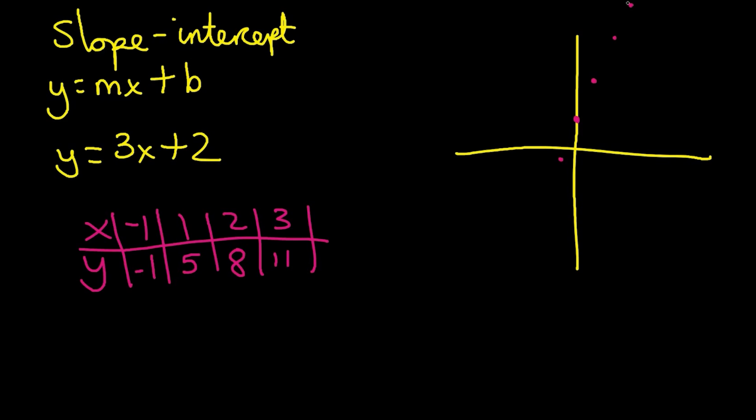And this gives us our line. Whoa, something like that. Maybe this would be better. Ta-da! So that's the slope-intercept form.